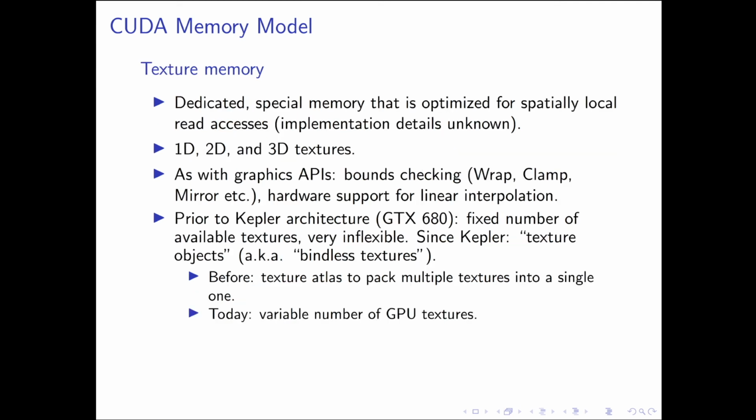Then there are a number of special memory types, for instance texture memory. Texture memory is just a dedicated memory that is optimized for spatial locality, basically. So it's optimized for read accesses as opposed to write accesses, and in particular, accesses to spatially neighboring addresses are quite efficient.